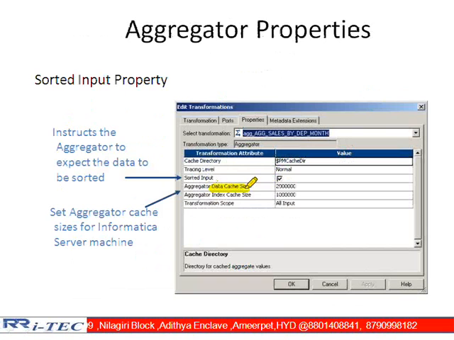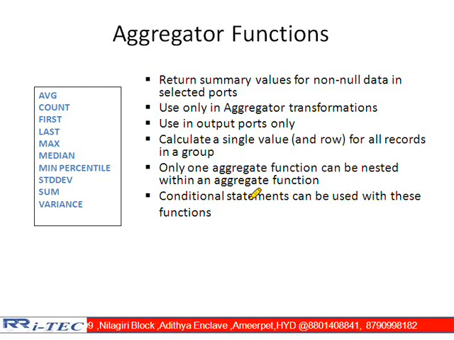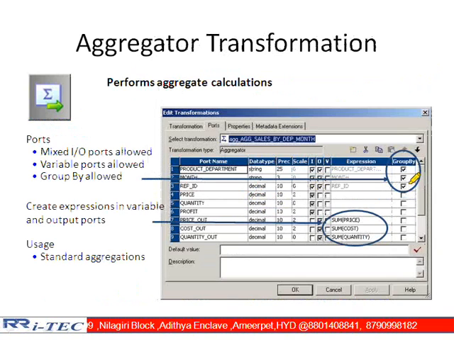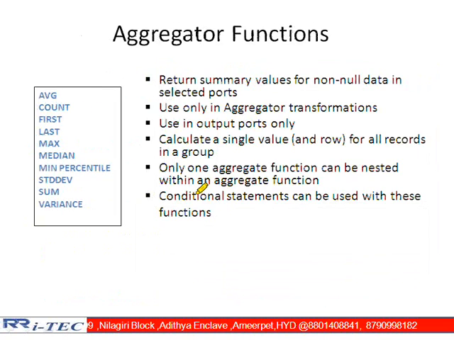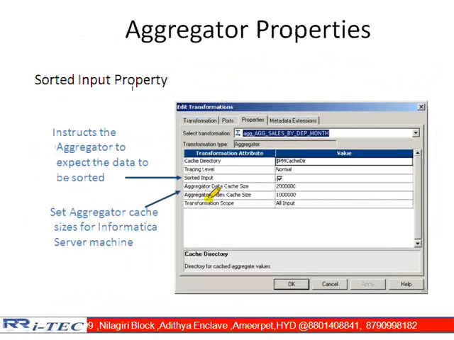One is called data cache, second is called index cache. In index cache, what is going to be stored is what you applied group by on: product, department, next month. These three columns' corresponding data will be stored in the index cache.